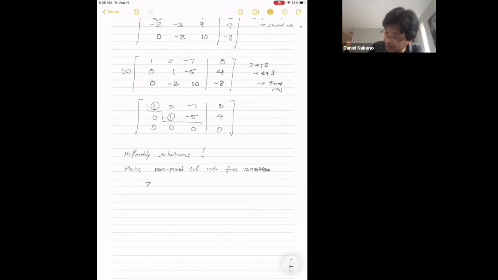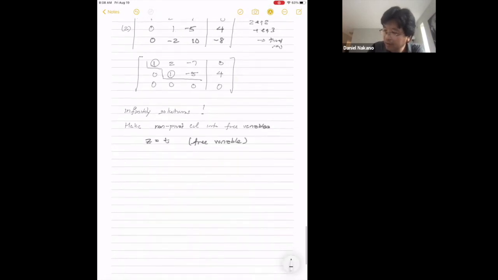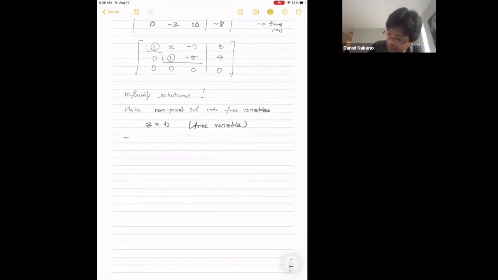So I'm going to make z, which is not a pivot column, equal to t, and this is a free variable. And then you back substitute. Okay, so that's what I'm going to do.